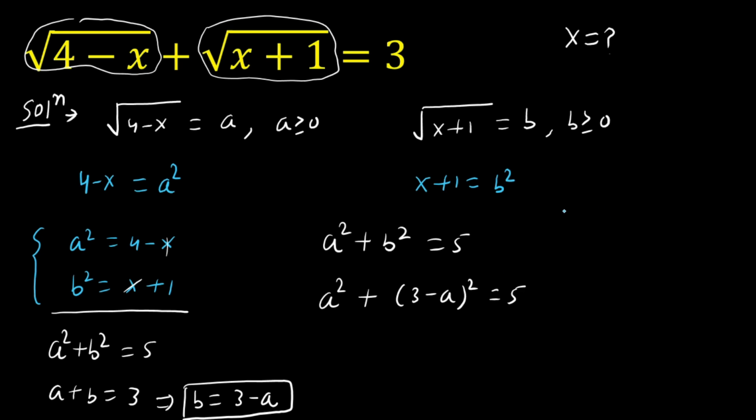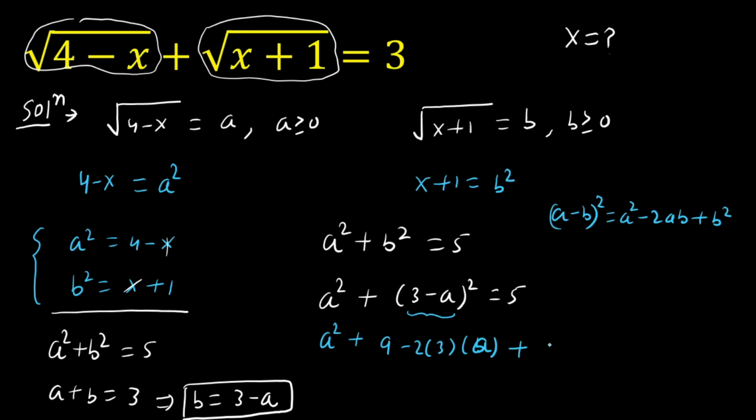Now we know the algebraic identity: a minus b whole square is a square minus 2ab plus b square. In the left hand side a square plus, and here we apply this identity, then 3 square, that is 9, minus 2 times a, plus a square, equals 5.